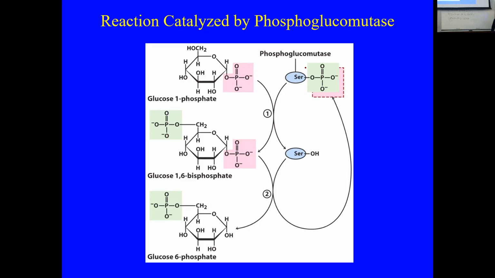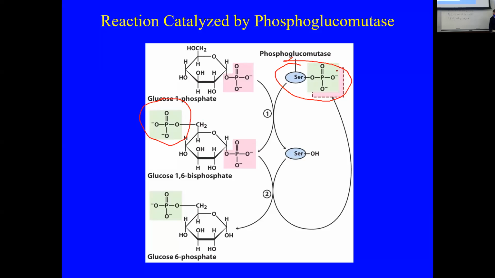This particular enzyme has a modified serine at the active site. This serine contains a phosphate coupled to that hydroxyl group. And that is donated, added to produce this glucose 1,6-bisphosphate.